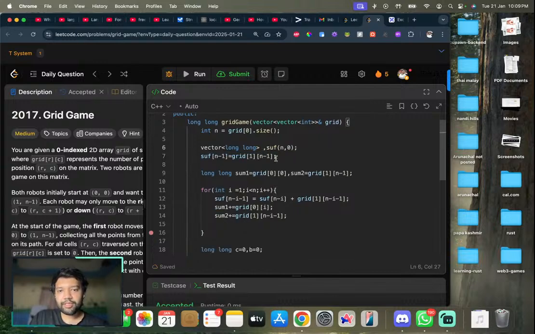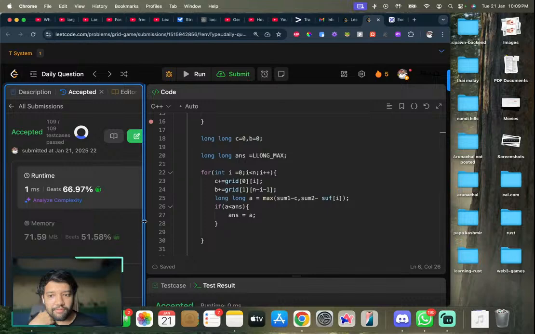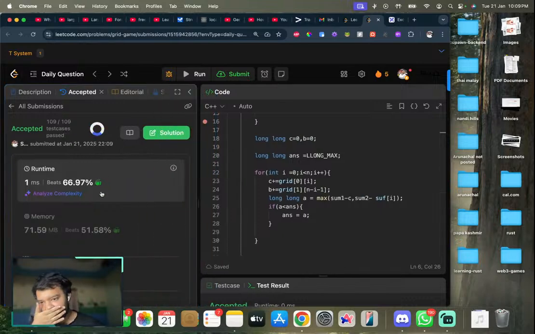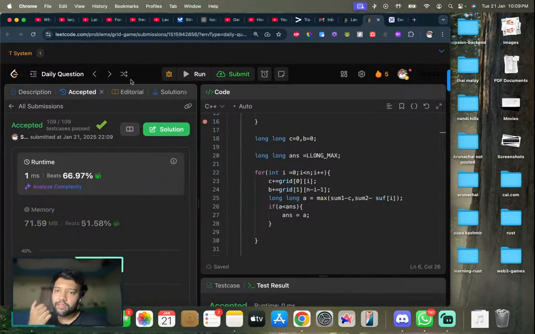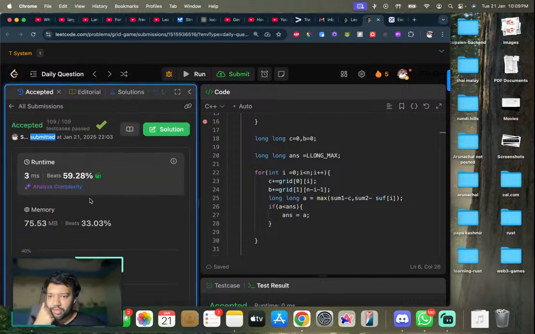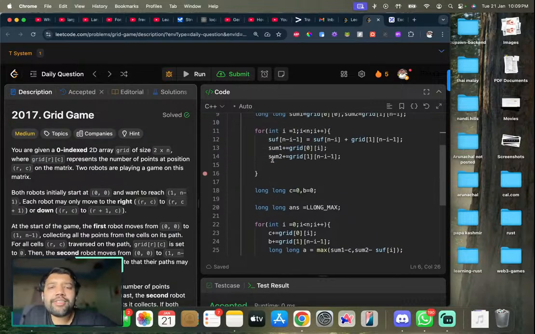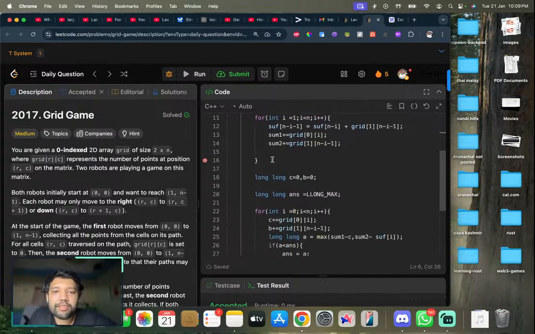Some space optimized. Let's try to submit. Somewhat better. 6651, which should be better, like from this 5830, 5930. Yeah, somewhat better, but not that much. Let's do it even better.